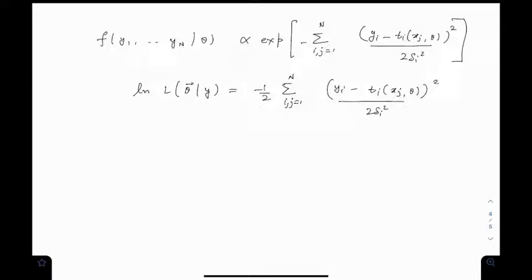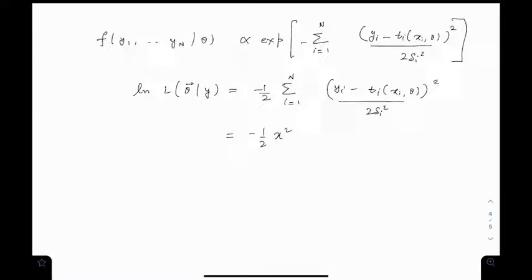Actually it should just be a sum over i. And this is nothing but minus half of chi square. So once again, minimizing chi square is equivalent to maximizing the likelihood if the errors are normally distributed, a condition which frequently is at least approximately satisfied.